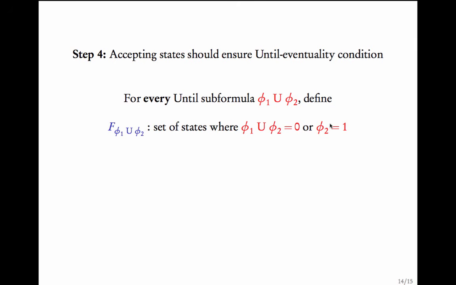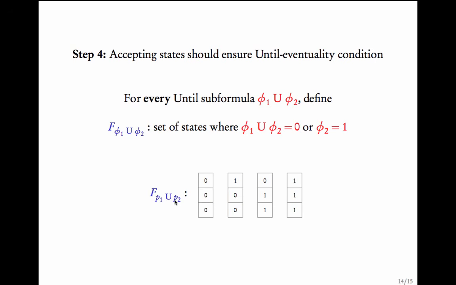Let me explain this with the example of P1 until P2. P1 until P2 was a subformula. F(P1 until P2) will be the set of states where either phi1 until phi2 is 0, in which case it's fine, or phi2 is 1. So the states that we have eliminated will have phi1 until phi2 to be 1 and phi2 to be 0. So such states are eliminated from the set of accepting states.